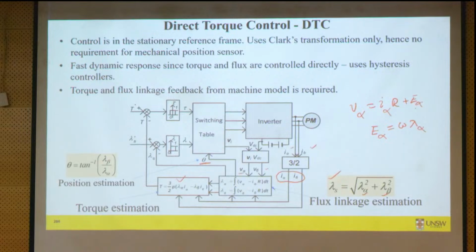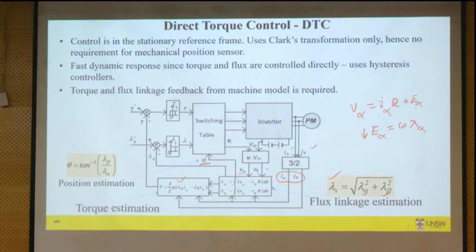If your speed is low, this component is very small, and it could become close to I alpha R, so your flux linkage is nearly zero.